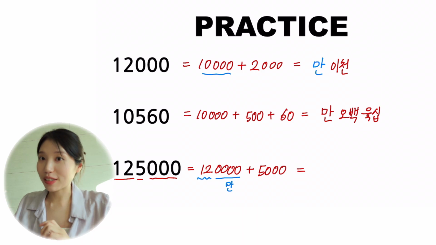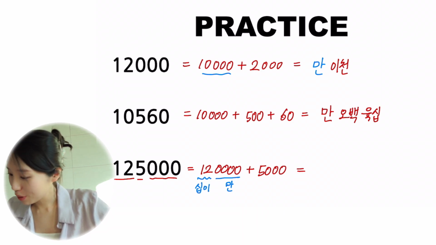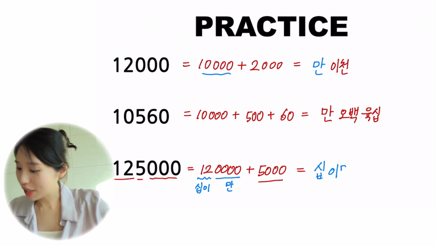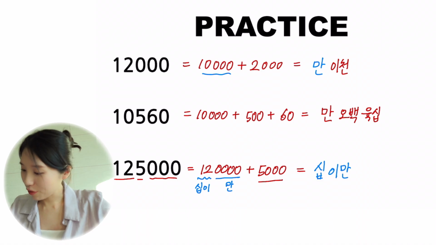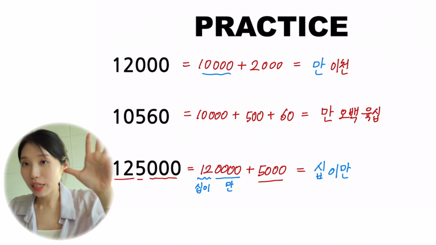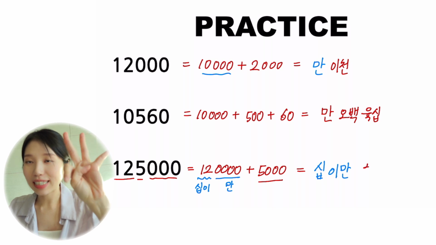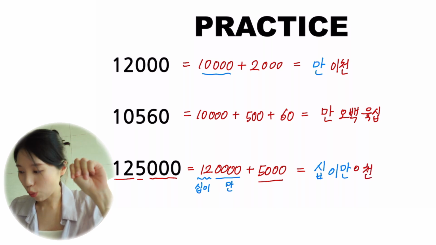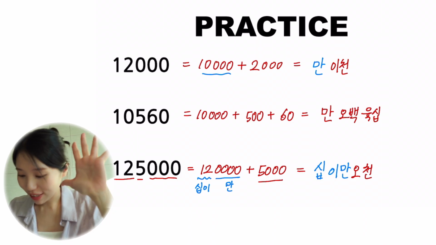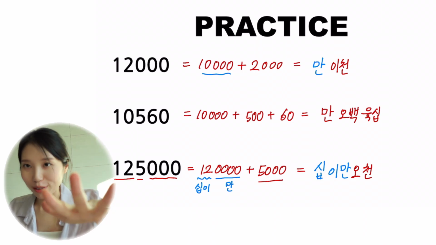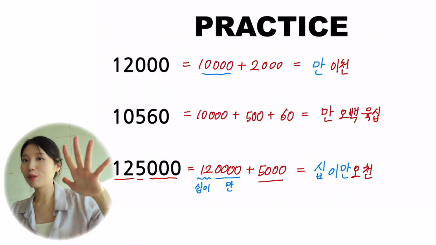What was 12 in Sino-Korean numbers? 십이, right? So 12만 means 120,000. 12만 and 5,000. 1,000 was 천 and 5 in Sino-Korean numbers is 오. So 125,000 is 12만 5천.